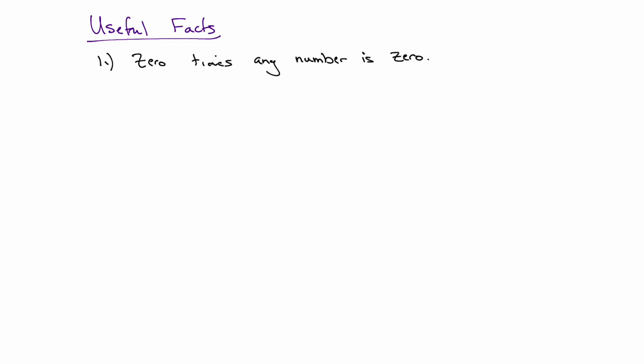It's one of the most important properties in my opinion. So if you have a big chain of things, if one of those multiplications is 0, it gets wiped out. As an example, if you had 0 times 12, that's 0. -7 times 0, 0. Heck, even 0 times 0 is 0.